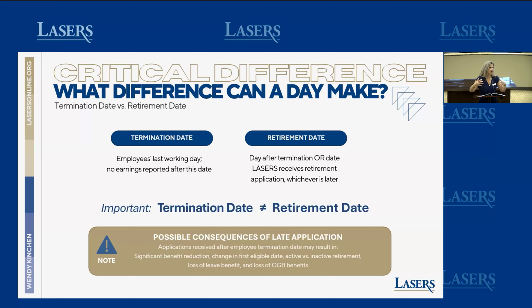Once they're in an employee's file, it's one less thing they have to worry about at retirement. But as far as the retirement applications and the applicable forms, those can be submitted to LASERS up to 6 months prior to that termination date and at any point in between.